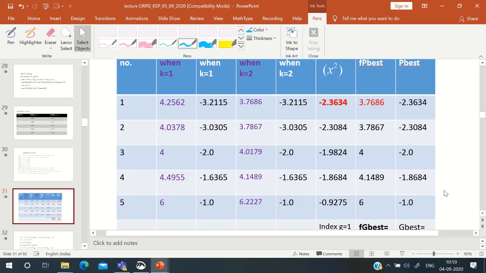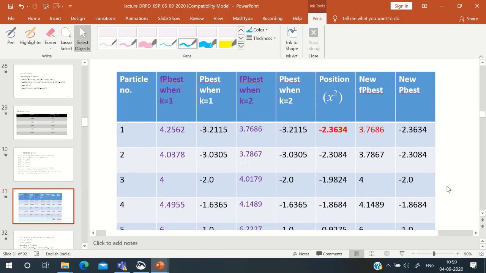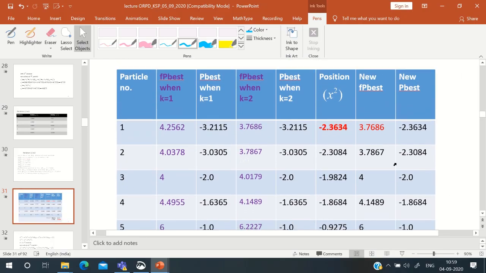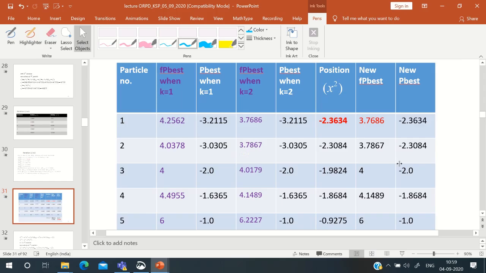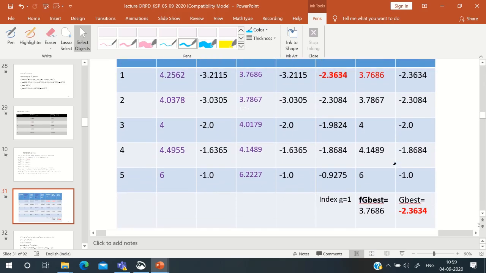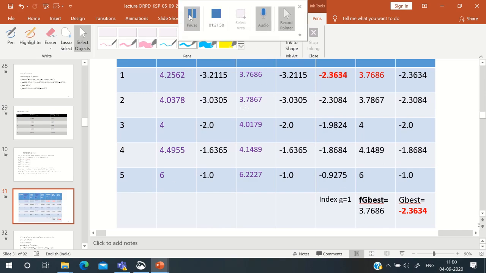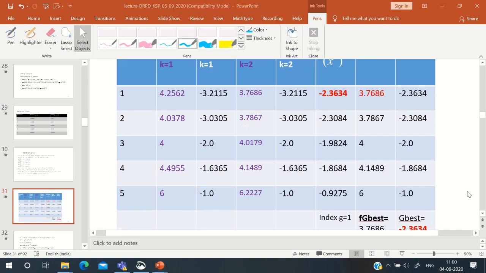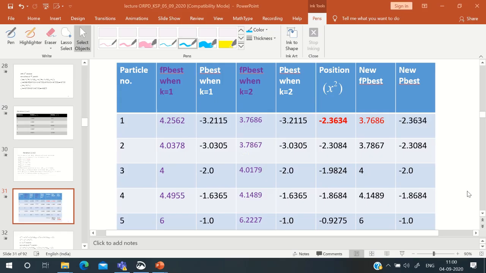right? And I have made the table, and you can carry out the further iterations. You can cross check your answers. Okay, so in the next iteration, the global best particle will change, as well as the personal best function values will also change.